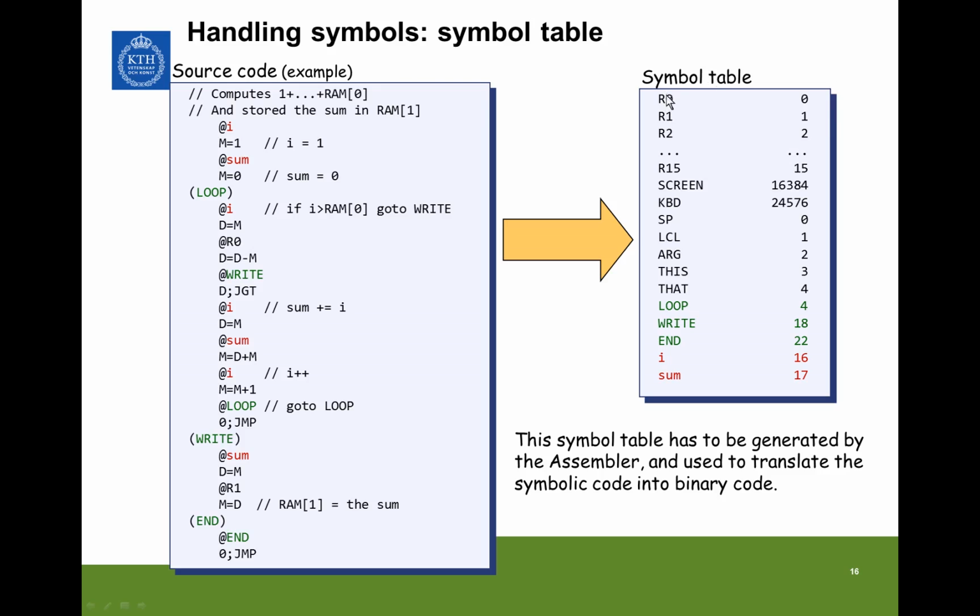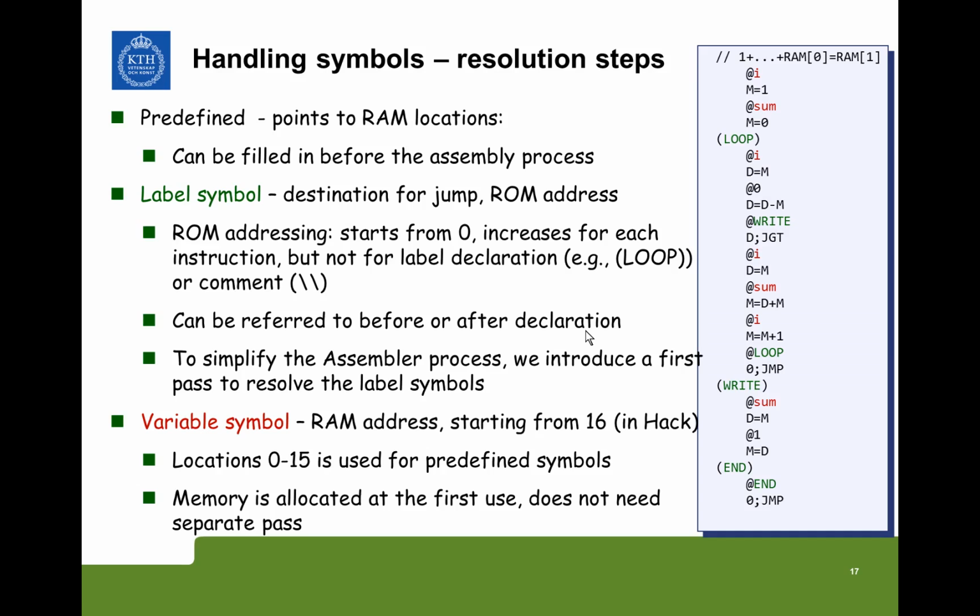The symbol table will contain the predefined symbols, labels, and variables, the symbolic reference and the value of the memory address. So how do we handle this symbol table? As for predefined symbols, they can be filled in before the assembly process.